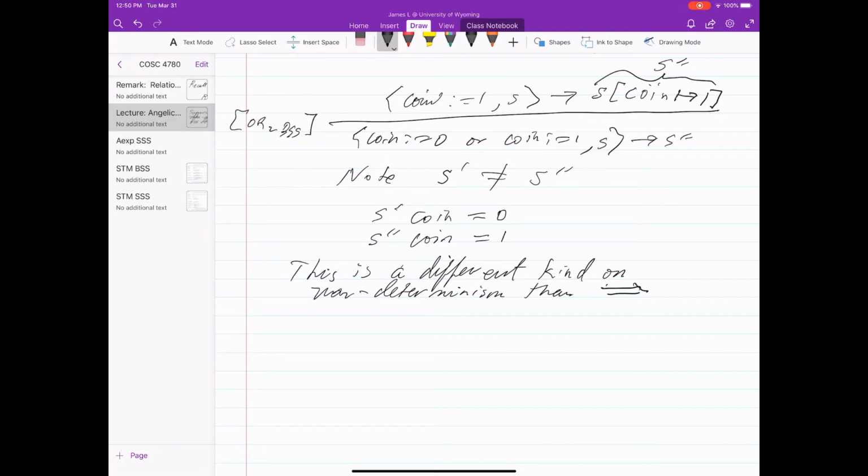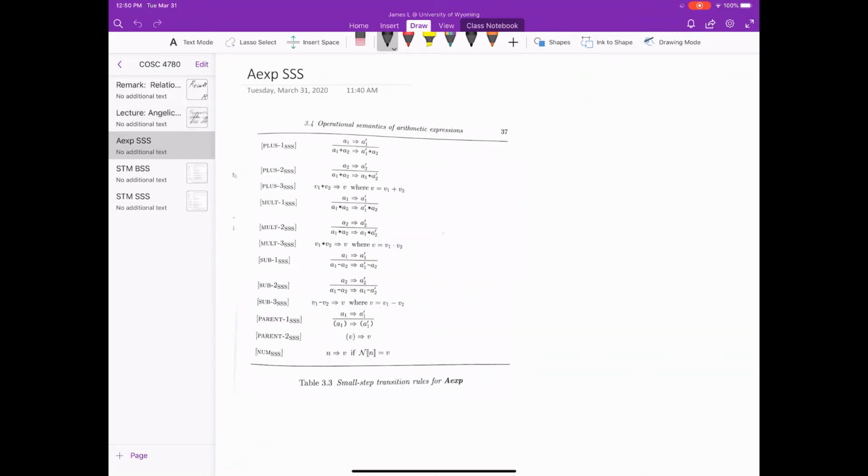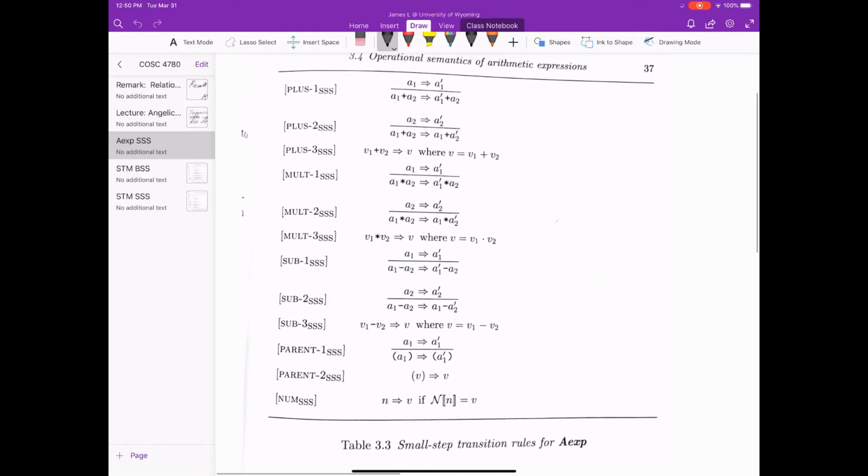Let's look at the small step semantics for A expression for a minute and note that there's non-determinism here because, for example, this rule and that rule both can be applied.